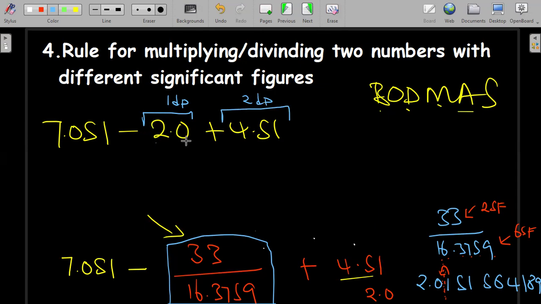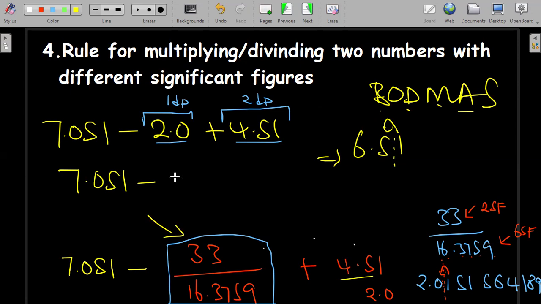So we are adding 2.0 with 4.51, and the 0.051 is still there, and then minus. When I add these, I'm getting 6.51. But this answer should have 1 decimal place, so I'm going to round it off from there. If I round off this 1, this 5 will just remain the same. So we are going to have 6.5 like that. Any questions there before I proceed?